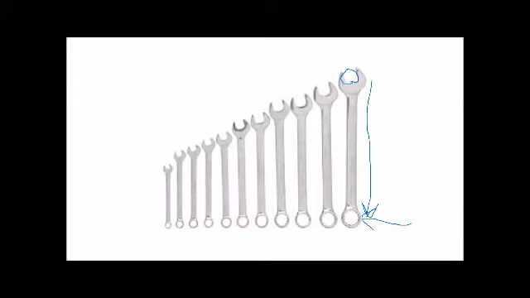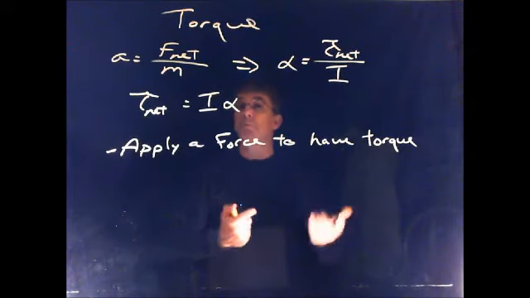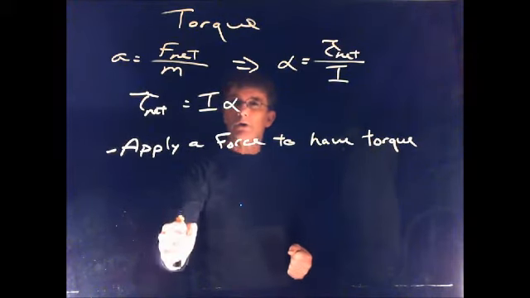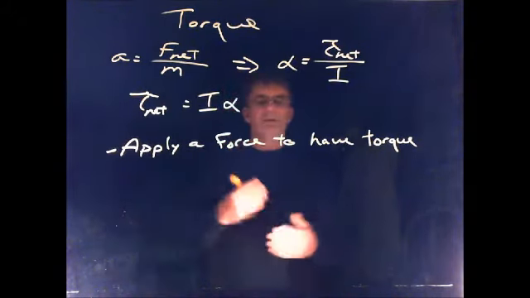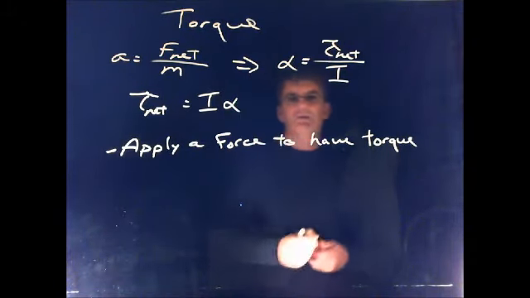It's harder to apply a larger torque to a small bolt. Simply put, if we did, we'd likely strip the bolt. We need to apply a greater force to get more torque with a bigger bolt. Again, a force is not a torque, but here's the thing.